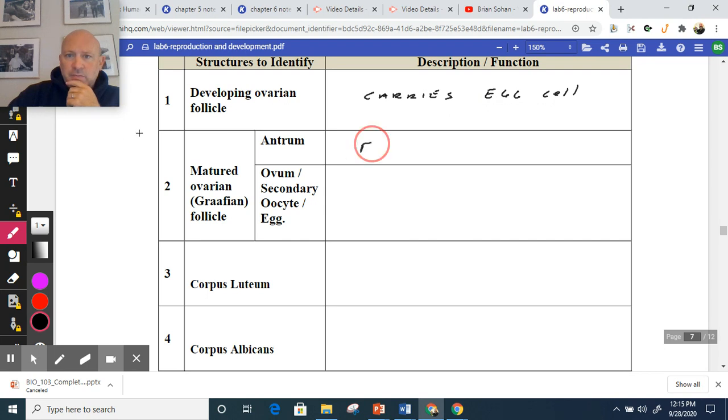The antrum fills with fluid as it develops into a Graafian follicle. But the mature ovarian follicle is still carrying the egg cell, the oocyte. So the oocyte is the female gamete.